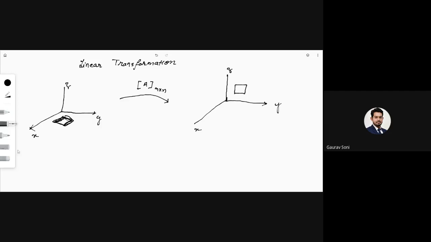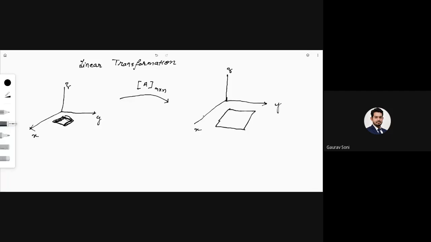Or else, say the square lies on the ground and the dimensions of the square are increased like this. The size of the square is increased.